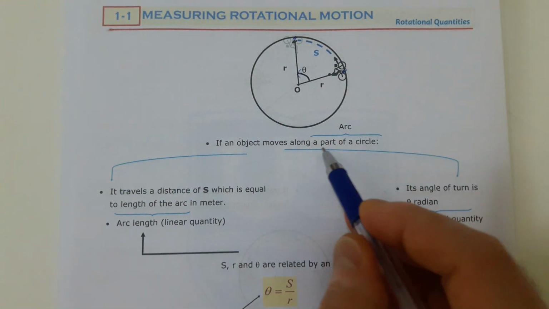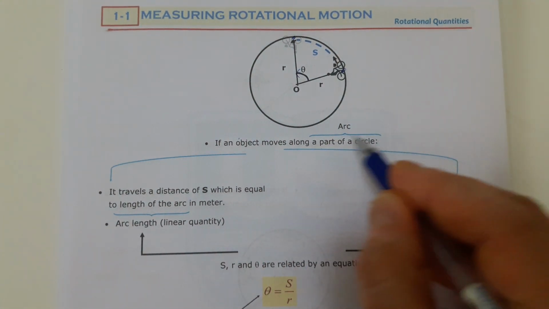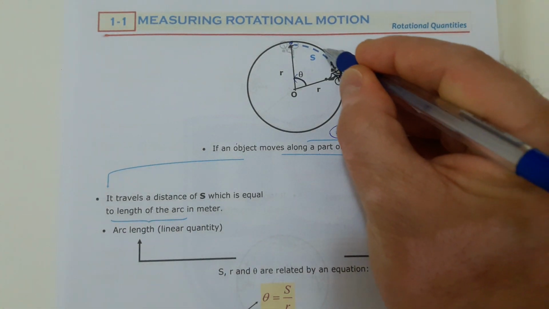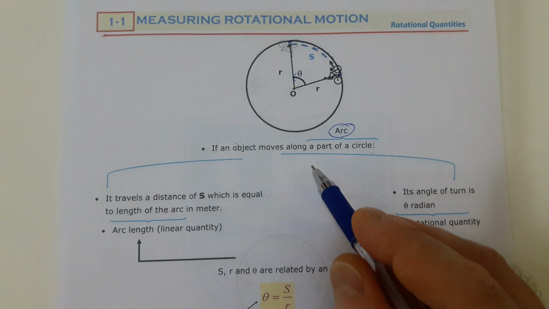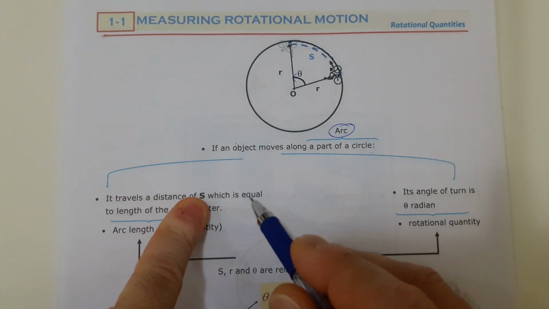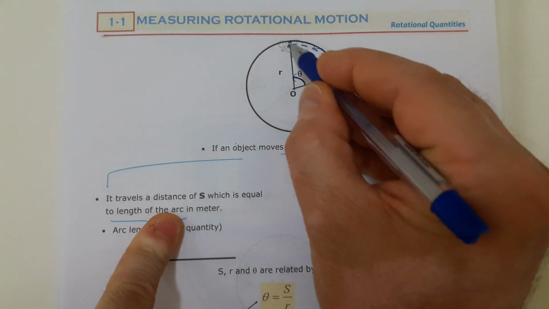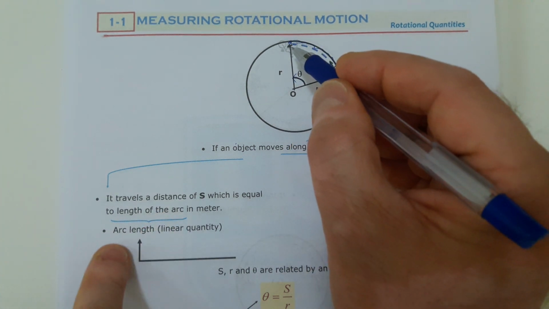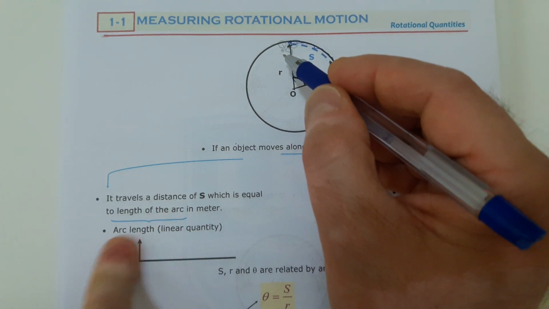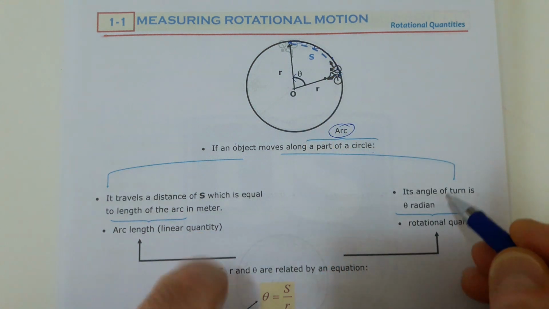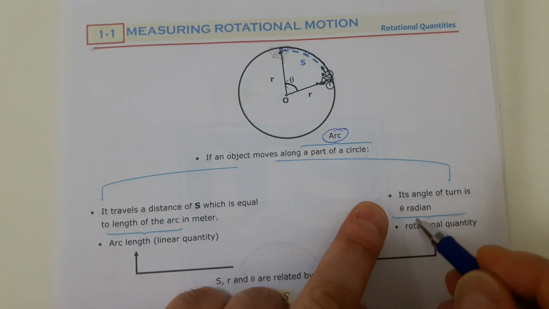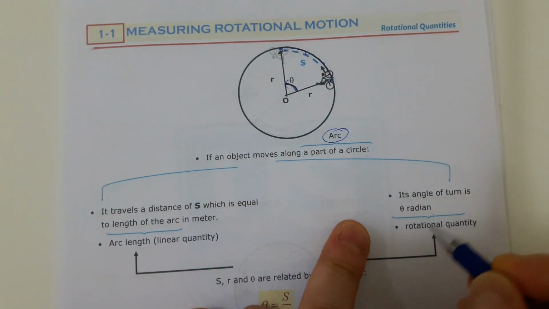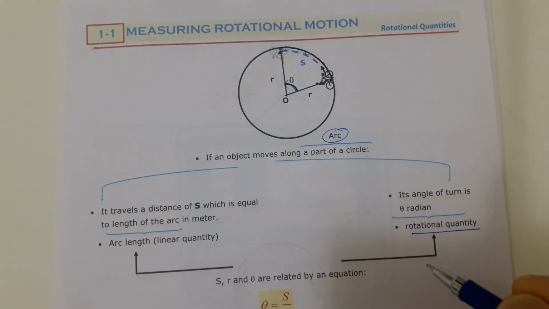A part of the circle is called an arc in maths. So it travels a distance s, which is equal to the length of the arc. It's a linear quantity, arc length. And its angle of turn is theta radian, which is the rotational quantity.